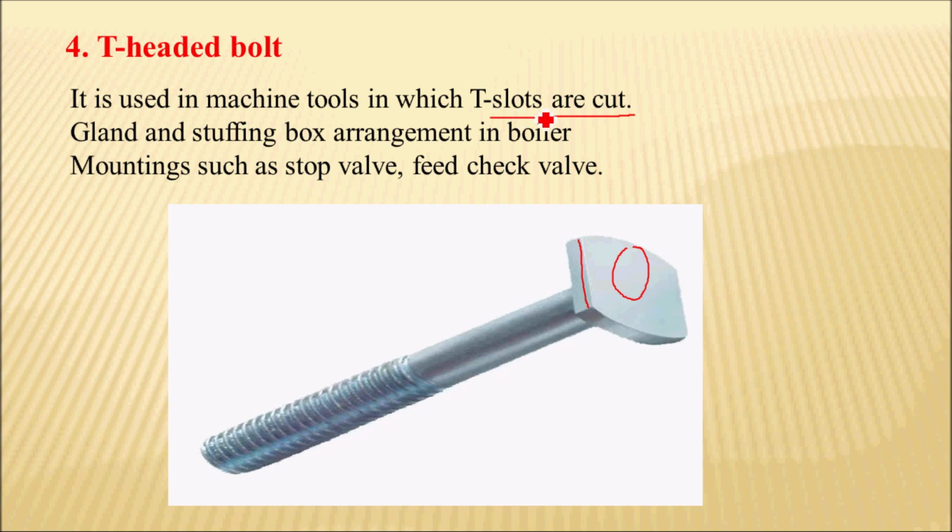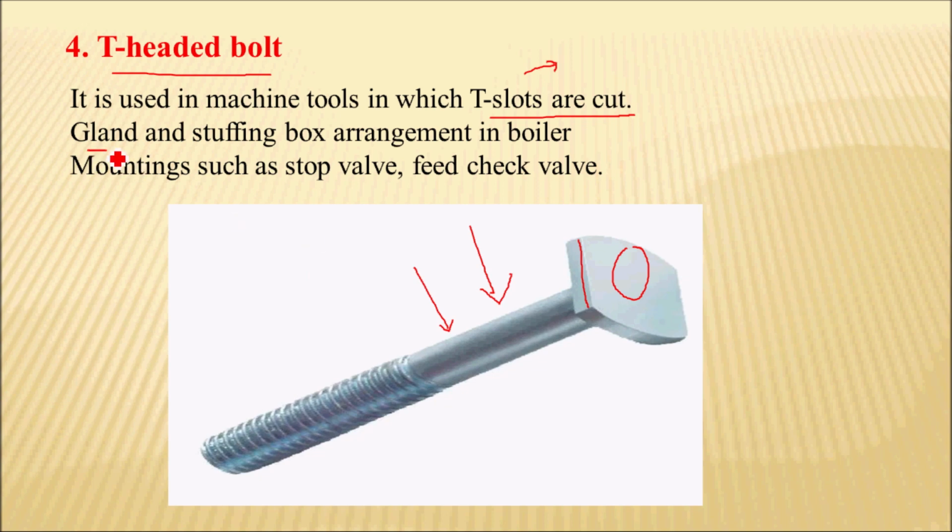Generally we see on a lathe machine or milling machine, in the table there are T slots, and this bolt is used for clamping the workpiece onto the milling machine table.